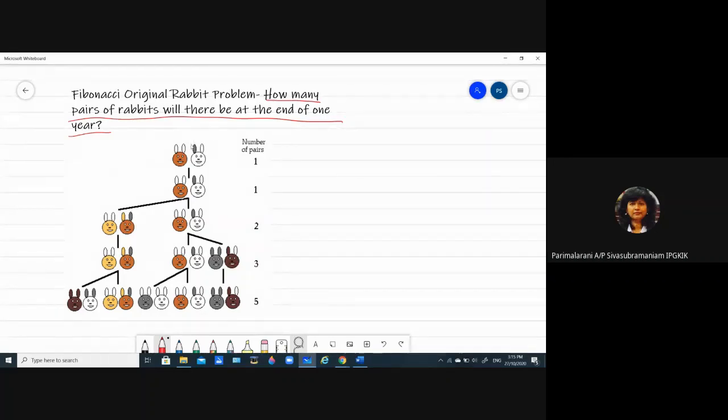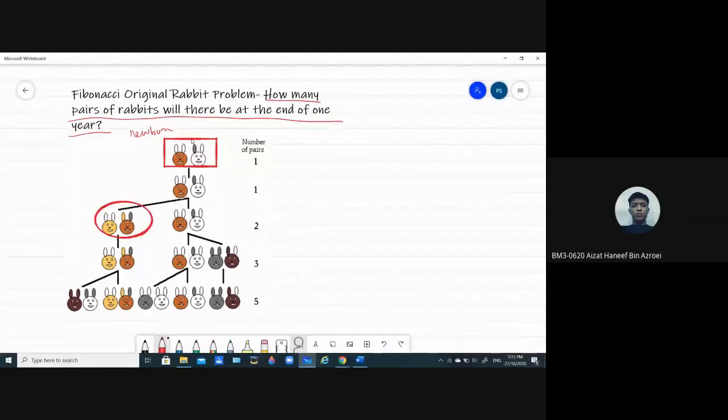So we see here the first pair of rabbits. These are the newborn rabbits. This is at the beginning of the month. We have one pair of rabbits. At the end of the month, we still have one pair of rabbits, right? This is the end of the first month. When do we get a new pair of rabbits?